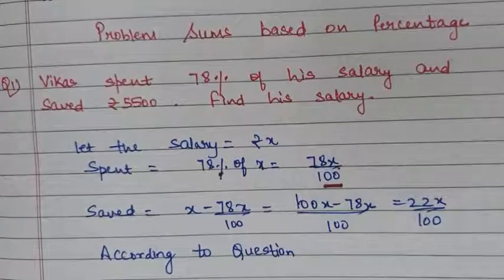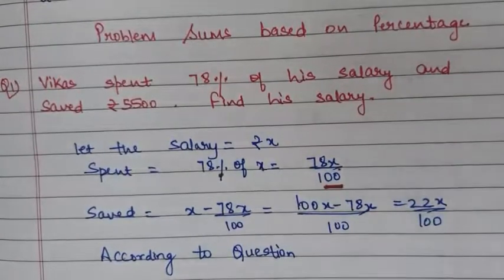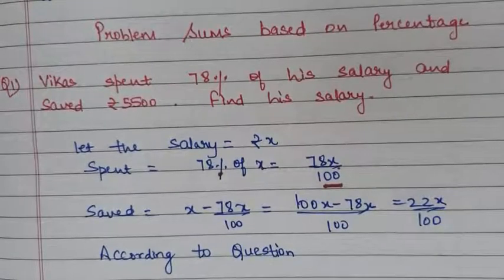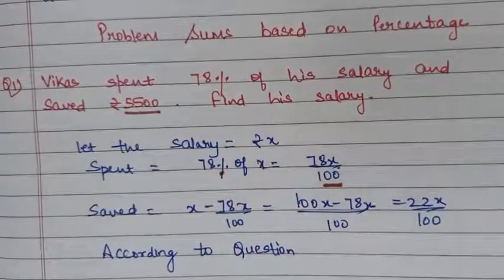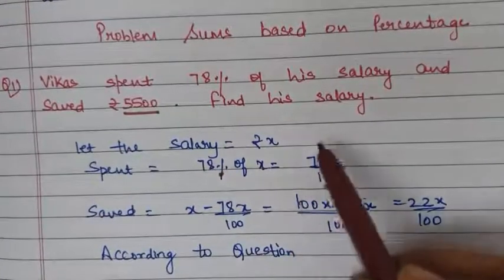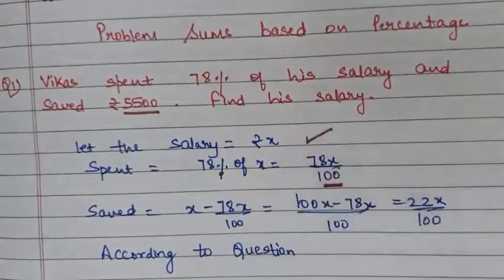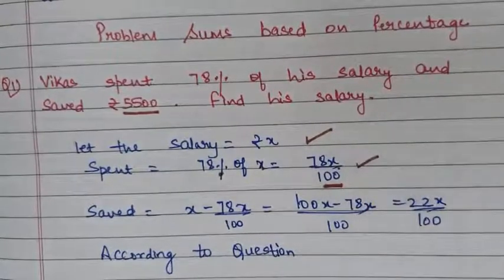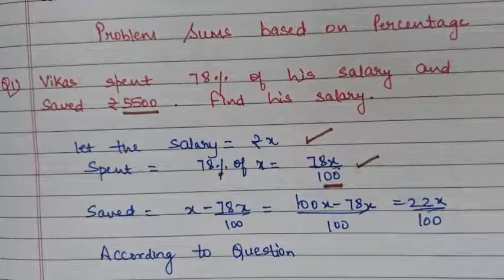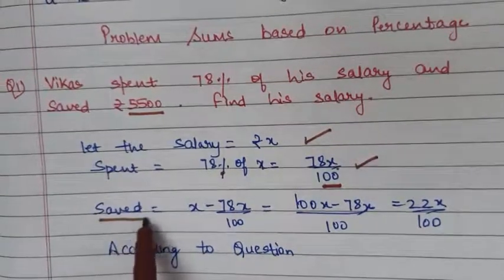Now he saved 5,500 rupees, which is already given to you. But students, we know his salary and we know how much money he has spent. So we can also find how much salary he has saved.